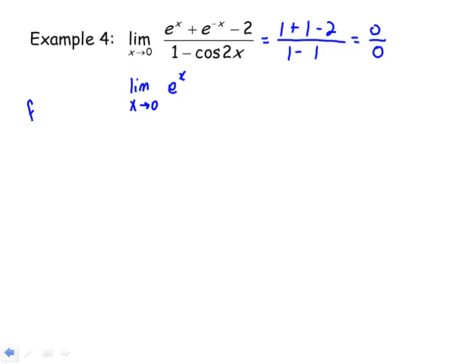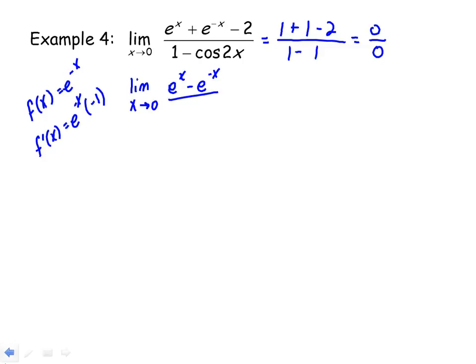If f of x is e to the negative x, what's the derivative? The derivative of e to the u is e to the u times du. The derivative of negative x is what? Negative 1, so this is going to turn into minus e to the negative x. And then, of course, the derivative of negative 2 is what? 0.